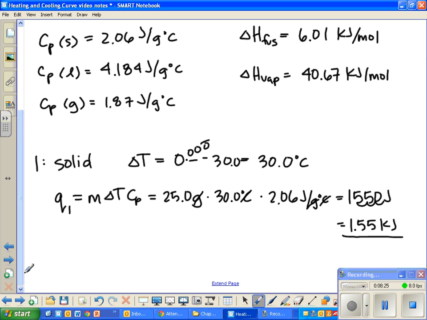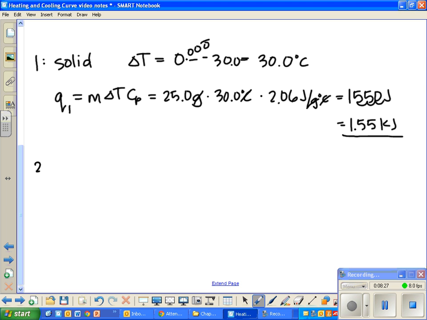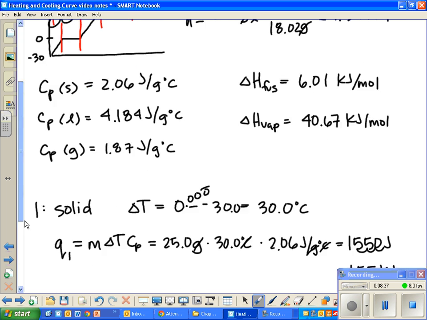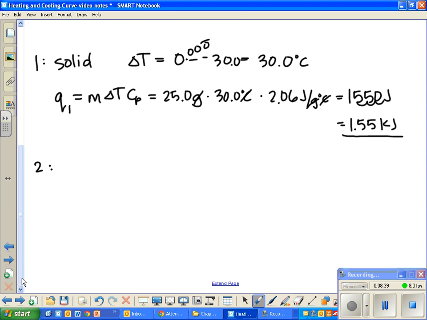All right. Second section, if we go back up to our graph, is the fusion. So number 2. So we've done 1. Now we're on 2. So we're going to use the delta H of fusion and the moles. So 2 would be melting. So Q2 is n times delta H of fusion.